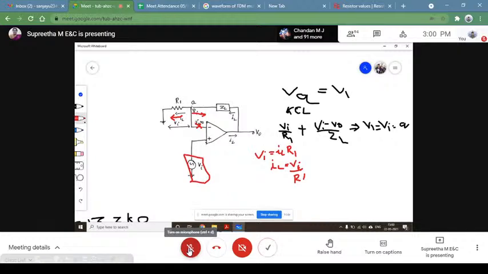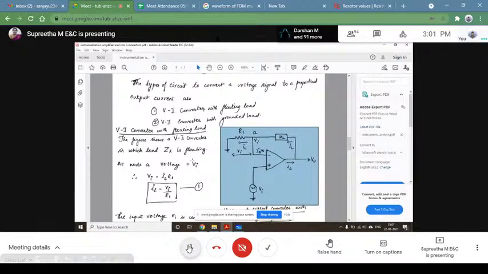Since your op amp is not drawing any current, whatever current is through ZL is the same as the current through R1. So the input voltage is nothing but your load current into R1. So your load current IL would be VI by R1, that is the same as your output current. Is that clear? Any doubts with your V to I converter with a floating load? Yes.